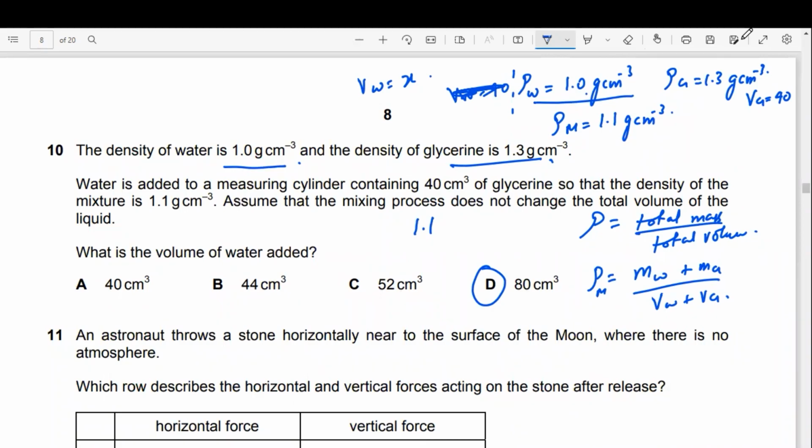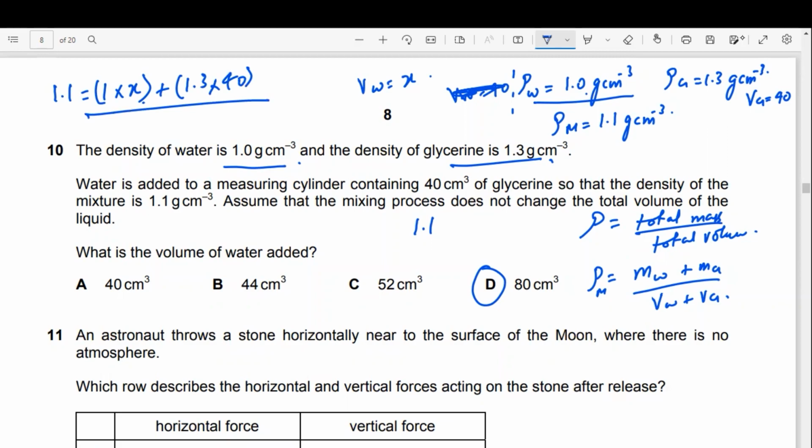That will give you the total density, right? Now I can write here the total density as 1.1. The mass of water is density into volume. Density into volume hota hai na? The density of water is 1. Volume of water is x. इसी तरह से density of glycerine is 1.3. The volume of glycerine is 40.